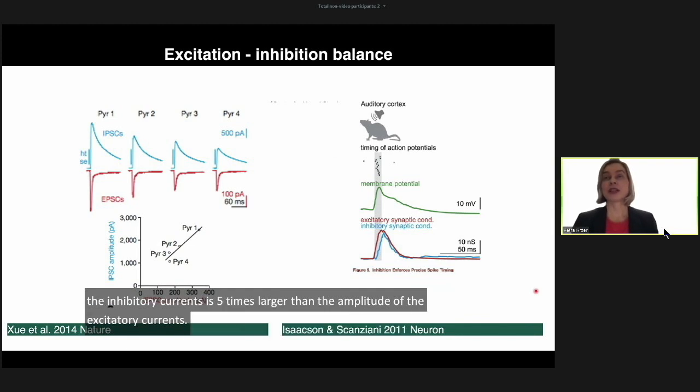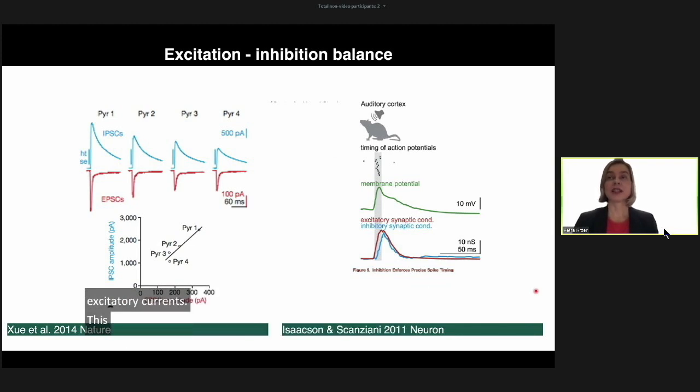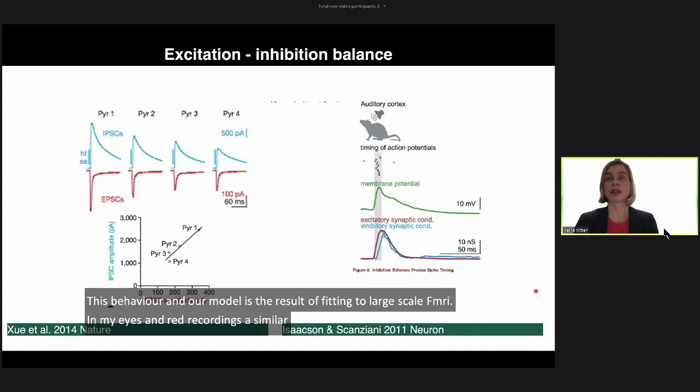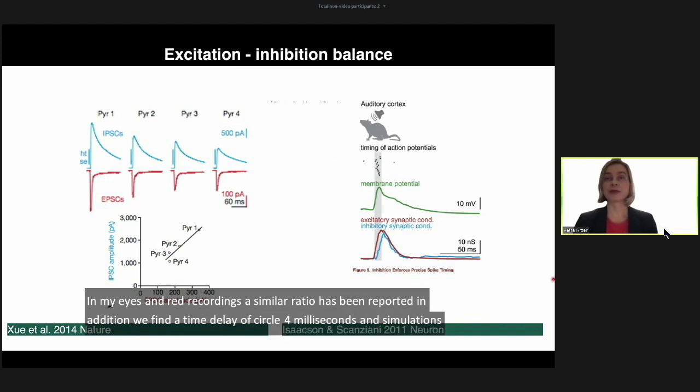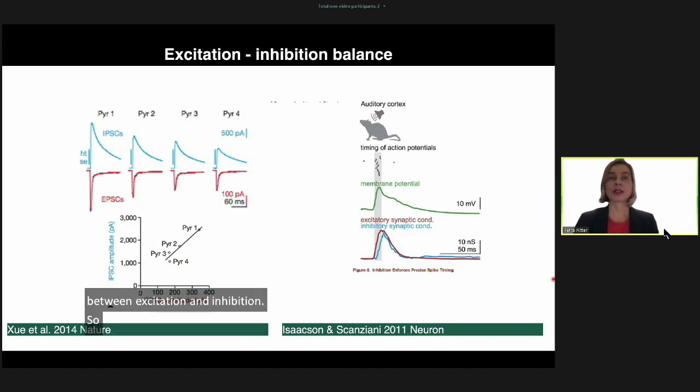This behavior in our model is the result of fitting to large-scale fMRI. In mice and rat recordings, a similar ratio has been reported. In addition, we find a time delay of circa 4 milliseconds in simulations between excitation and inhibition. This delay has also been reported in invasive recordings.